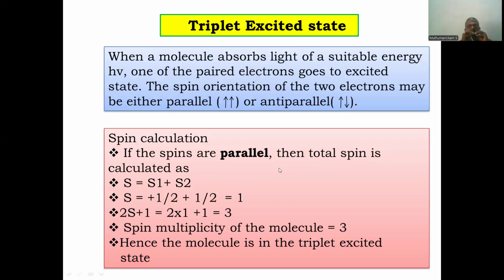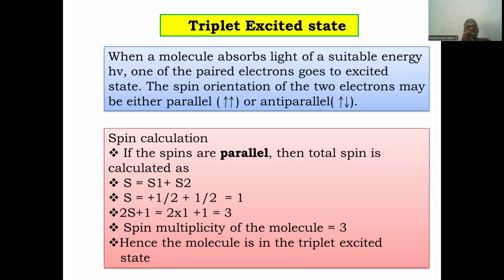Next, let us calculate the triplet excited state. If the spins are parallel, say the S1 value is plus half and the S2 value is also plus half, then the total spin is S1 plus S2, that is plus 1 by 2 and another plus 1 by 2, which gives 1. Therefore the 2S plus 1 value becomes 3. When the spin multiplicity of the molecule is 3, it is called the triplet excited state.